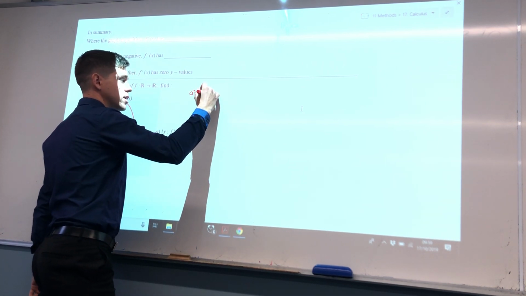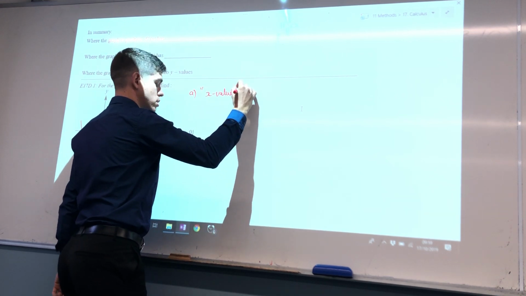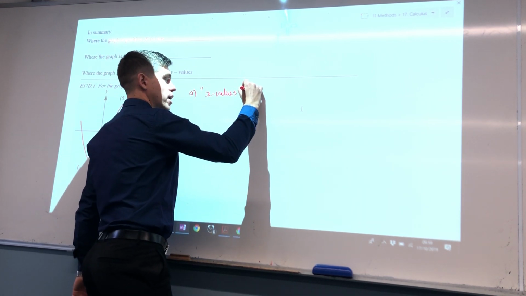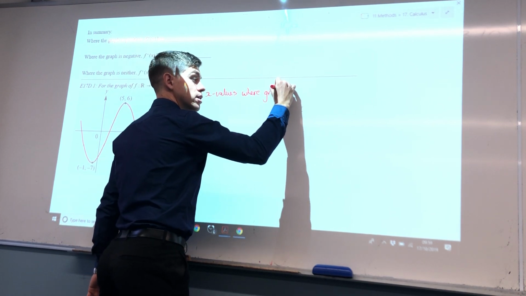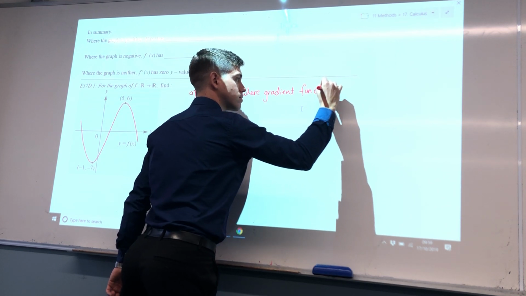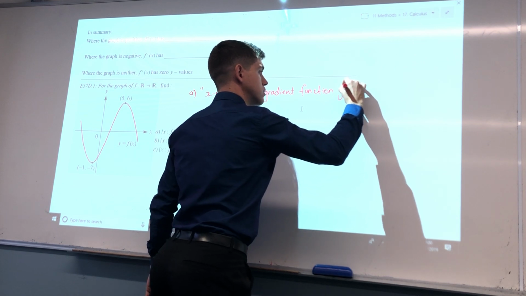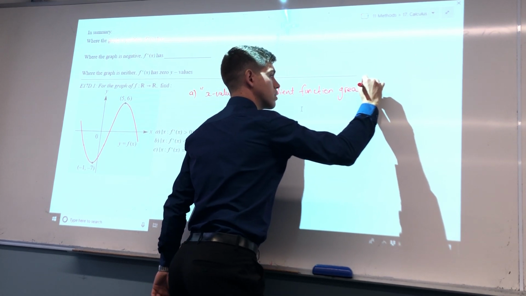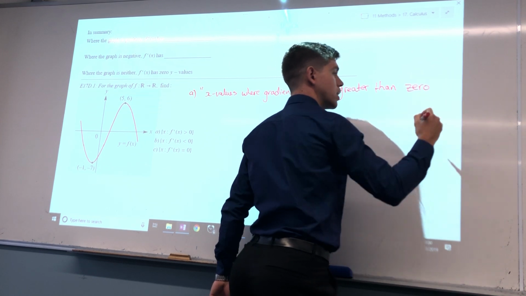We're being asked to find x values where the gradient function, or the derivative, is greater than 0. In other words, is positive.